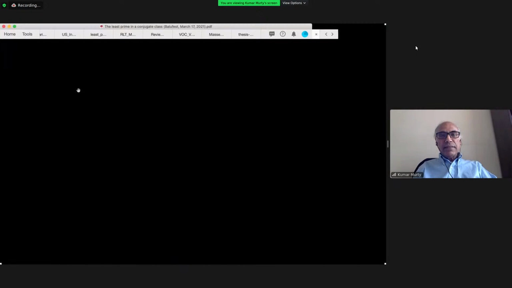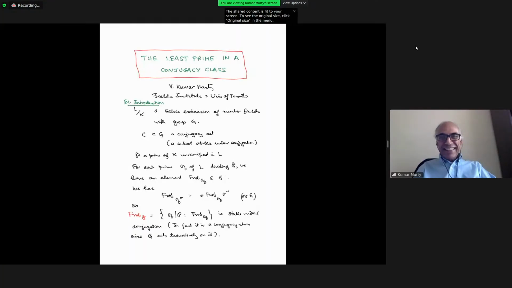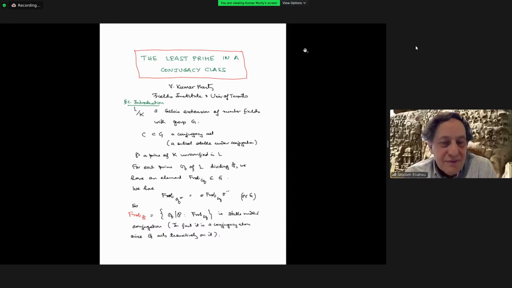Can you see it? No. Okay, so I stop share and do the same thing again and it'll work. Stupid computers. Can you see now? Yes, good, perfect. So we'll wait 1 more minute before starting, if it's okay.